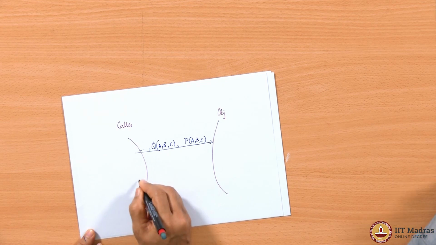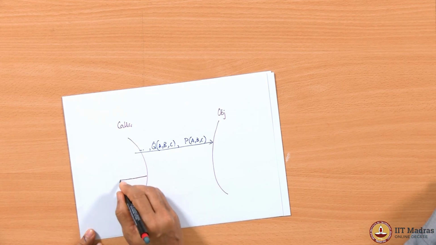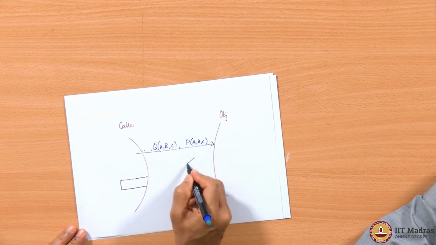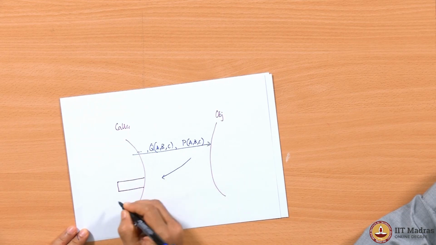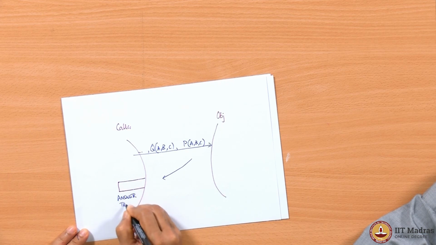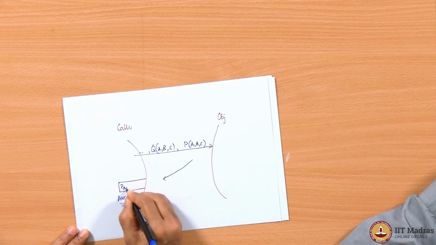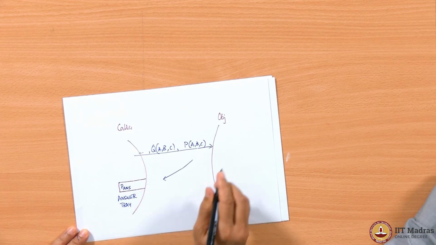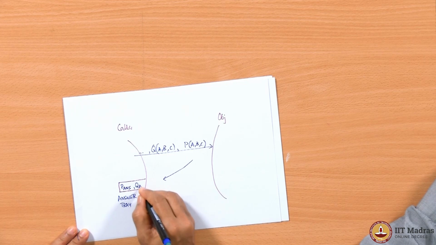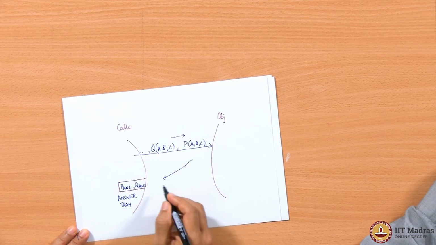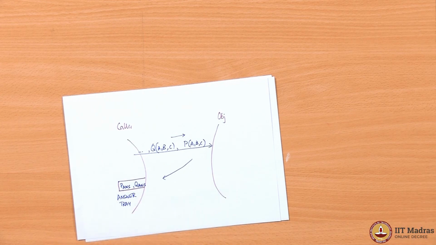Correspondingly, I have some kind of tray-like thing where this guy will start putting answers. Let me call it the answer tray. First I will get the P answer, and then when that guy is done, he will put the Q answer after that. Whatever order the tasks go in, in the same order the answers will come back.